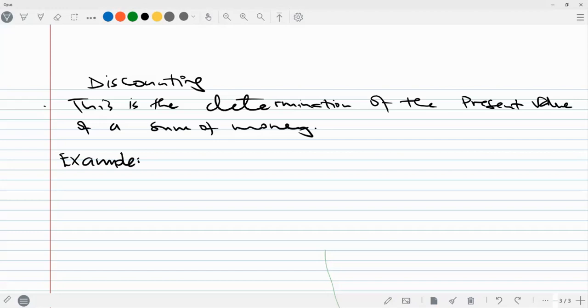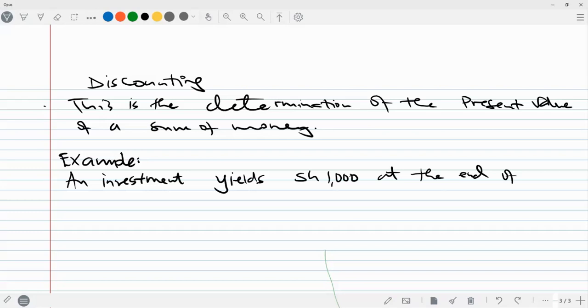We're going to extend the same example. An investment yields 1,000 shillings at the end of year 3.